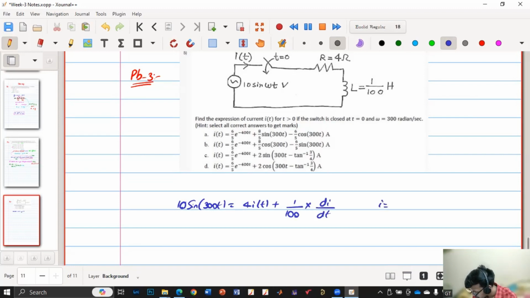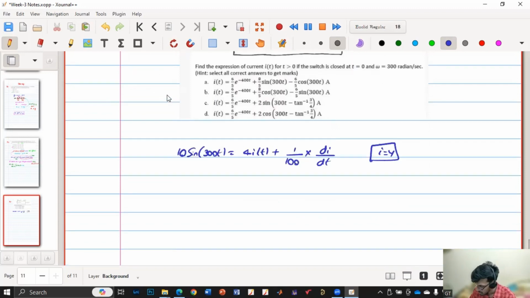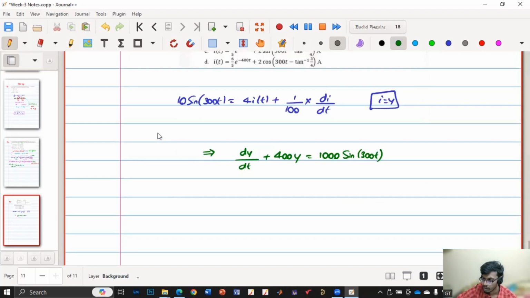I'm denoting i as y, so it would be easy to understand. Now we'll have dy by dt plus 400y is equal to 1000 sine 300t. Do you agree? Yes, yes, sir.